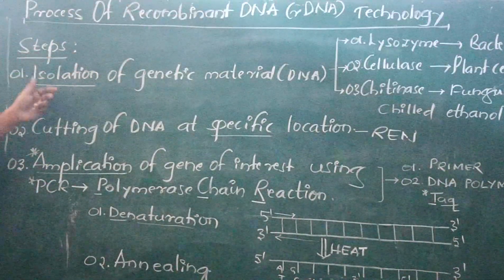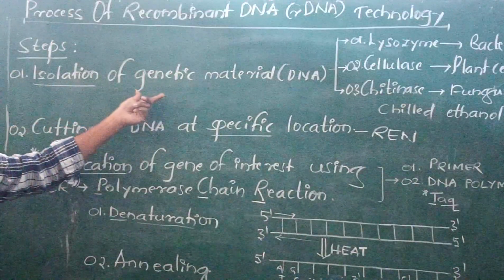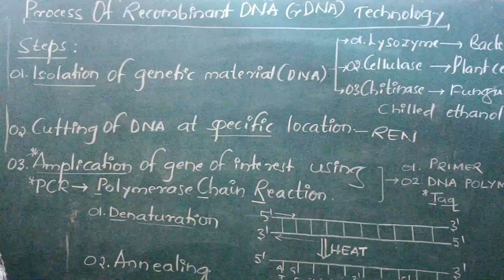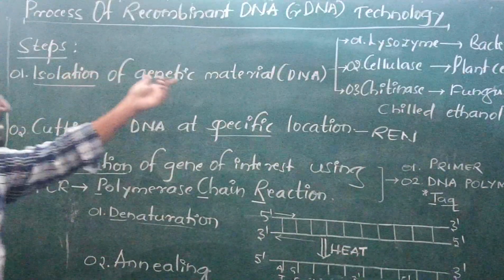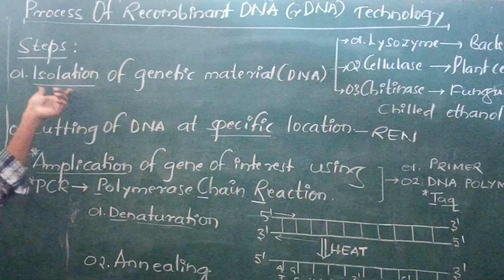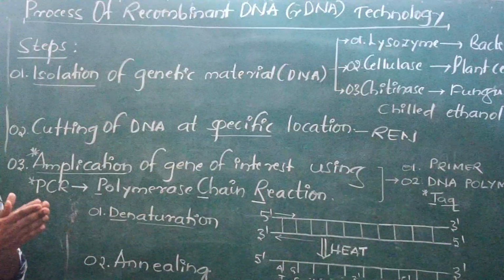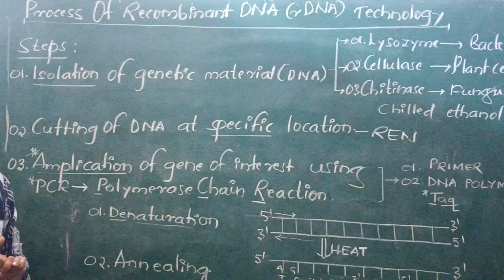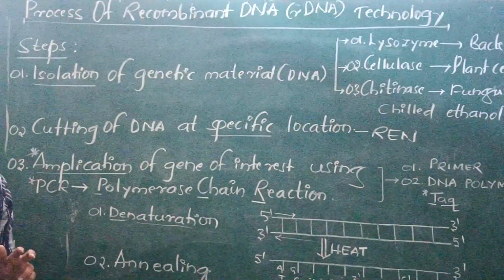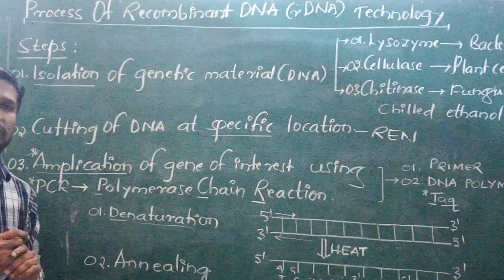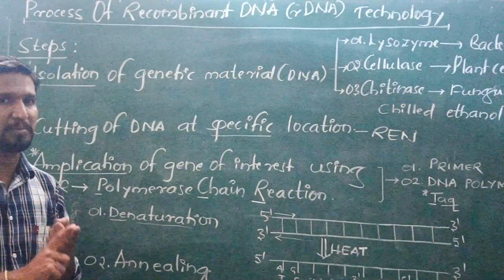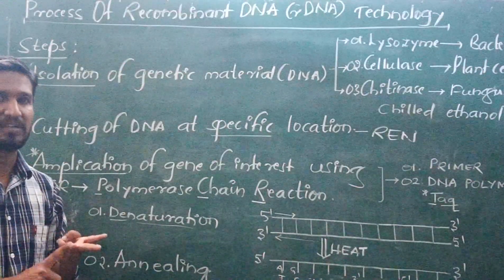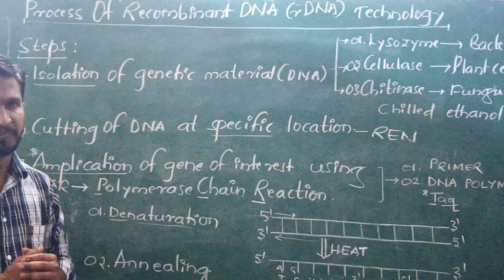The first step is isolation of genetic material. The genetic material is DNA itself. Isolation is nothing but separating. Here one must know that the desired gene, or gene of interest, is present in a particular cell. That cell may be a plant cell, animal cell, fungal cell or bacterial cell, any cell.